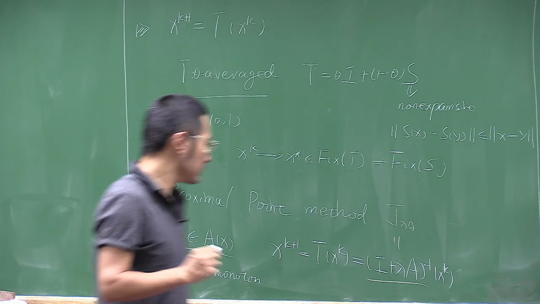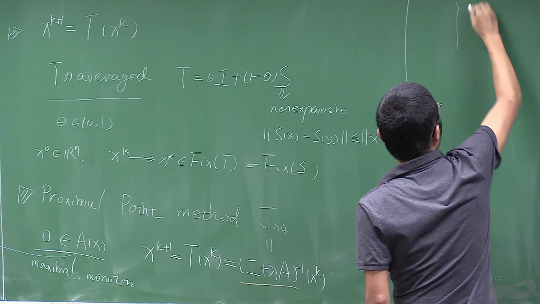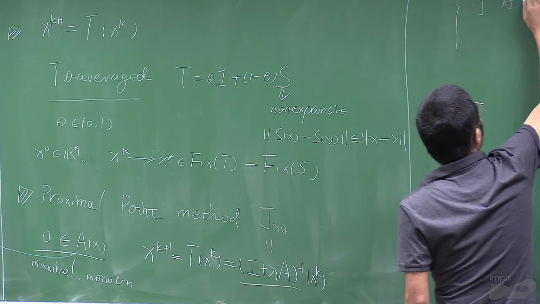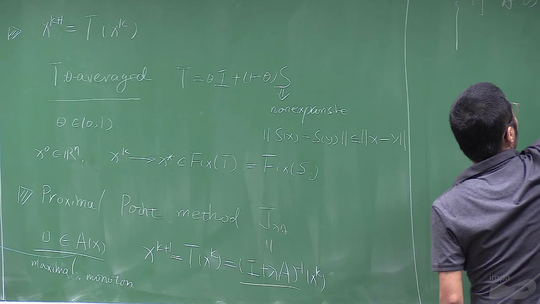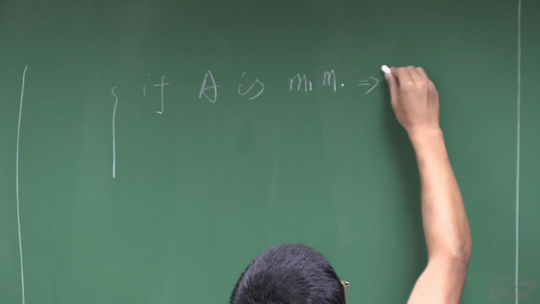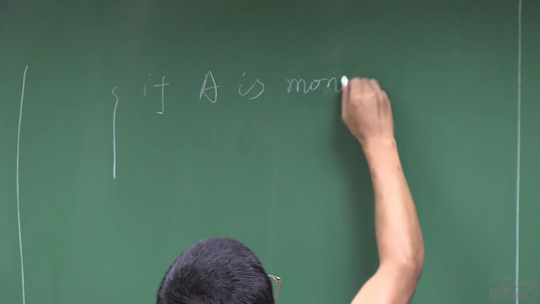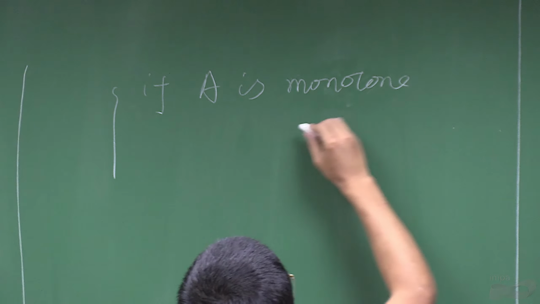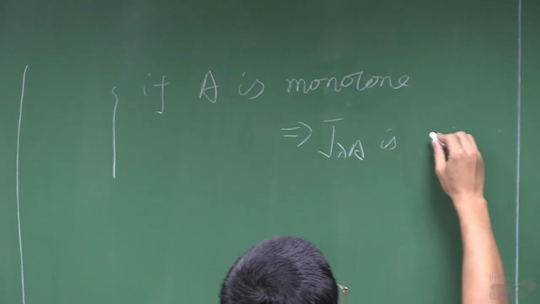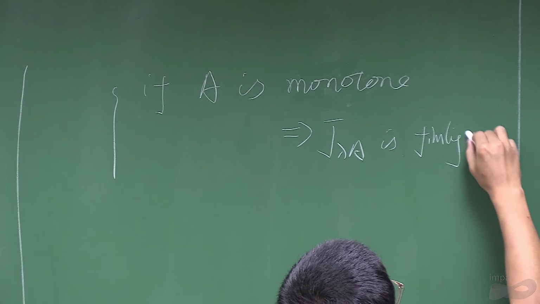The theorem says that if the operator A is monotone, then we know that the resolvent of A is what we call firmly non-expansive.